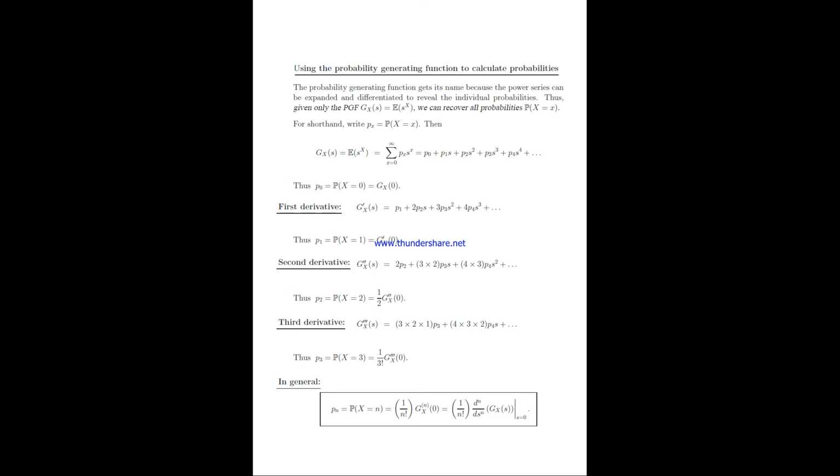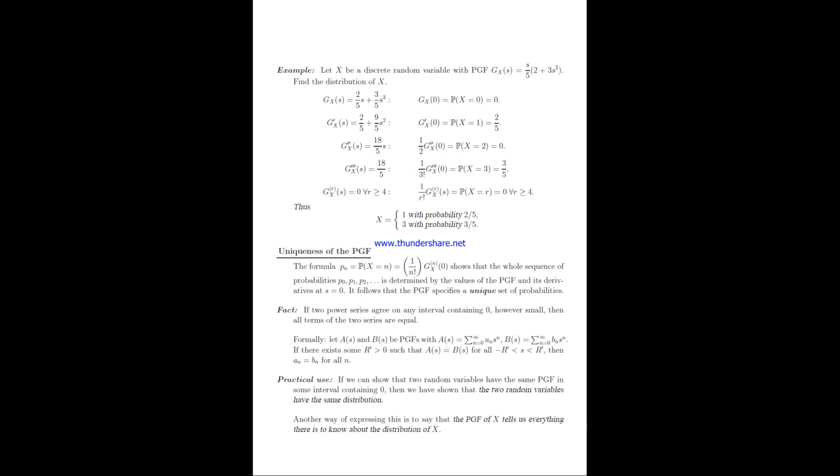This is one of the most important things you can apply in your calculations when you want to find probabilities using the probability generating function. So just see this example. Let's say you have a random variable capital X, a discrete random variable, and the probability generating function of the random variable is given by this formula: s over 5 into 2 plus 3 into s to power 2.